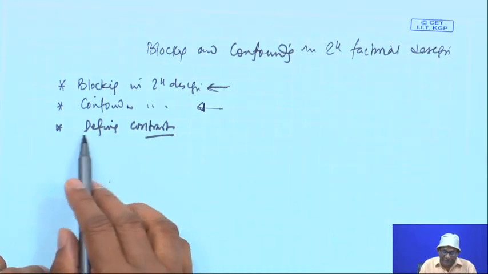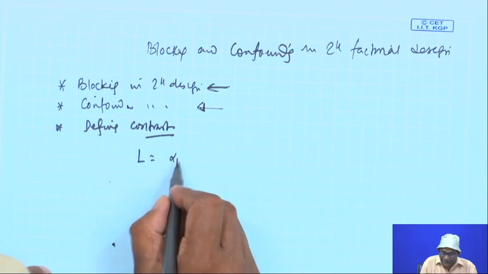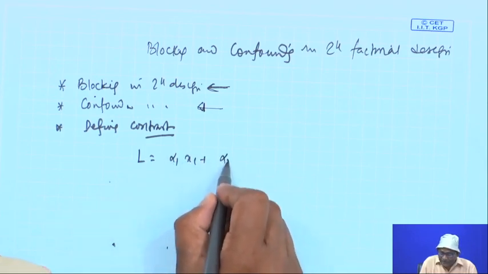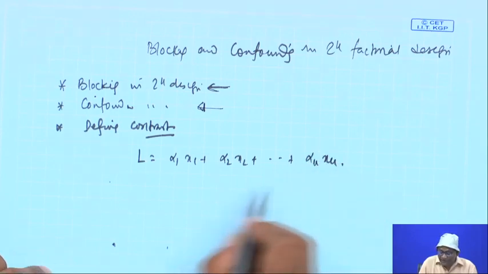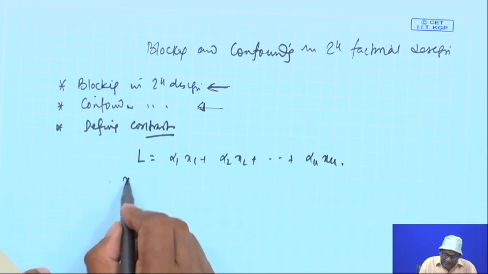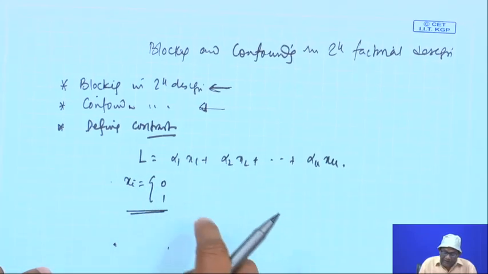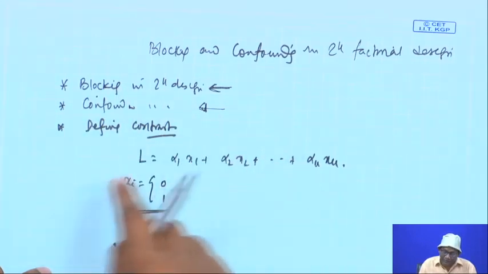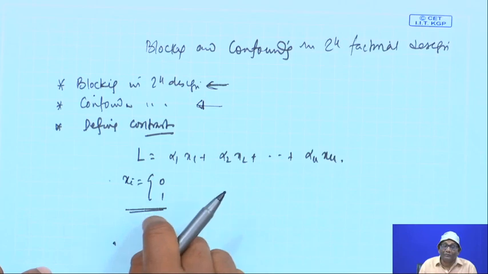And then we have used defining contrast, where I said that the defining contrast is alpha 1 x 1 plus alpha 2 x 2, and so on, up to alpha k x k if there are k factors. Here x i can take values 0 or 1, and from the design matrix you will find whether the effect is at low level or high level.